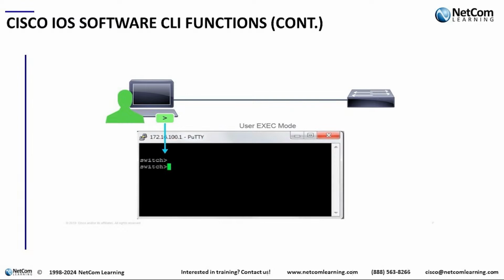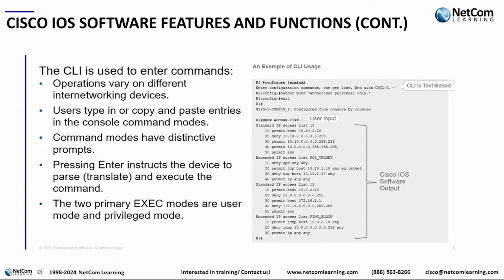And you'll also notice that your prompt will change as well, depending on where you're actually located. There are actually over 100 modes, but typically the more popular modes are user exec mode, privileged mode, global config mode, ROM monitor mode, setup mode.